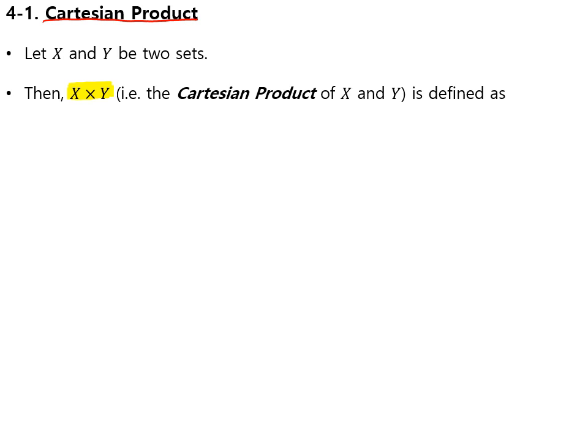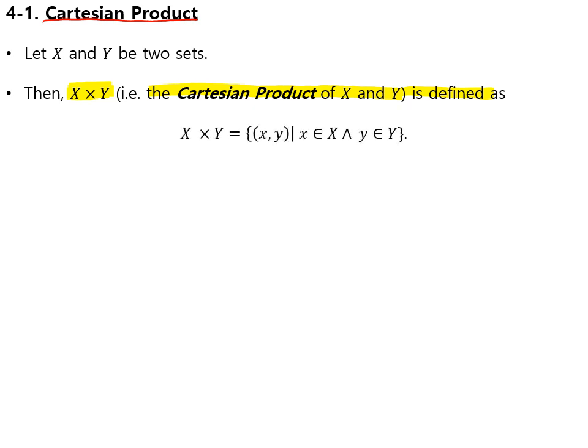All right, so you might think of this as multiplication of two sets, right? So we're going to say x times y, that is the Cartesian product of x and y, is going to be defined as follows.